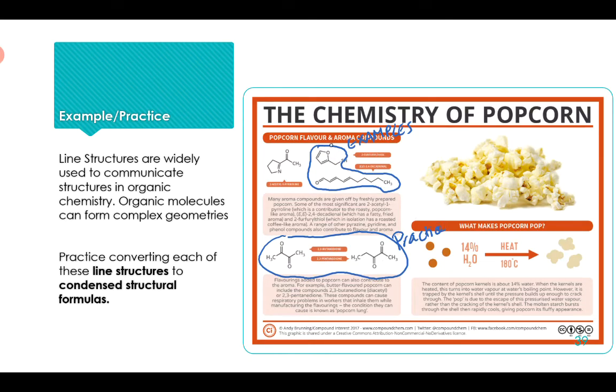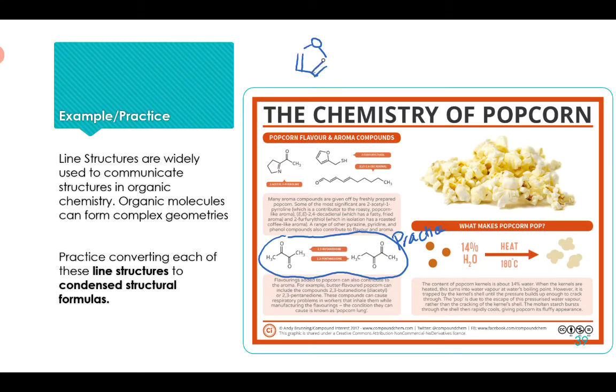So let's look at these first ones. I know that in condensed structural formulas, I can draw the bonds and still convey the structure, and that's okay.